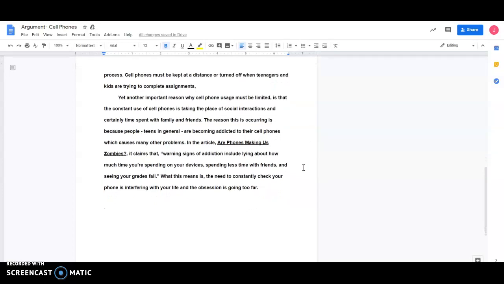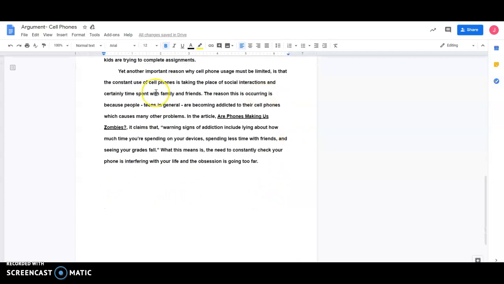Let's go into that second body paragraph. Yet another important reason, good transition, why cell phone usage must be limited is that the constant use of cell phones is taking the place of social interactions and certainly time spent with family and friends. That's her second reason. She restates her second reason. Awesome. The reason this is occurring is because people, teens in general, are becoming addicted to their cell phones, which causes many other problems.